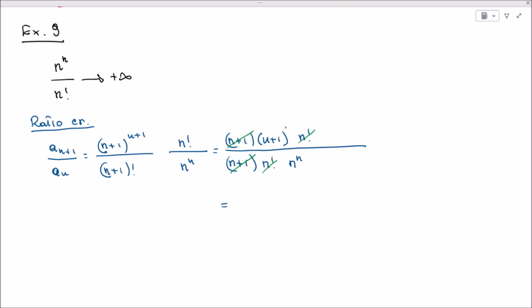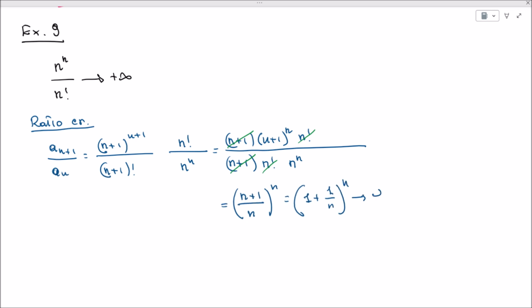clearly this was (n+1) to the n. Okay, so we are left with (n+1) divided by n all raised to the n, which we can rewrite as 1 plus 1 over n all raised to the n, but we know this limit.